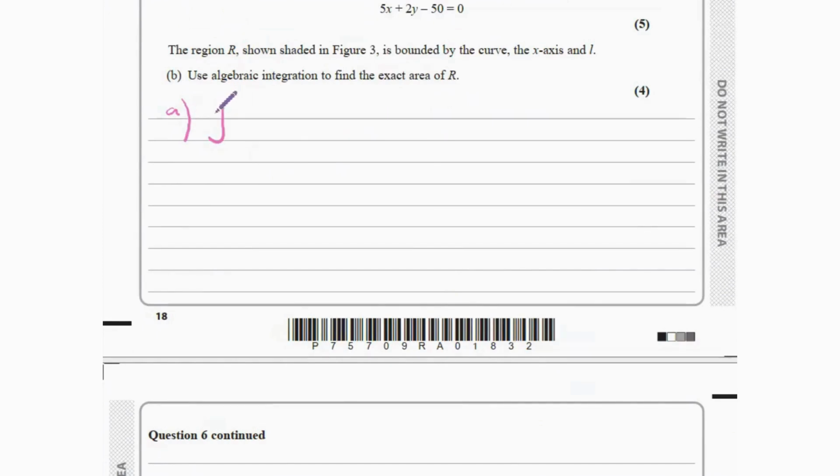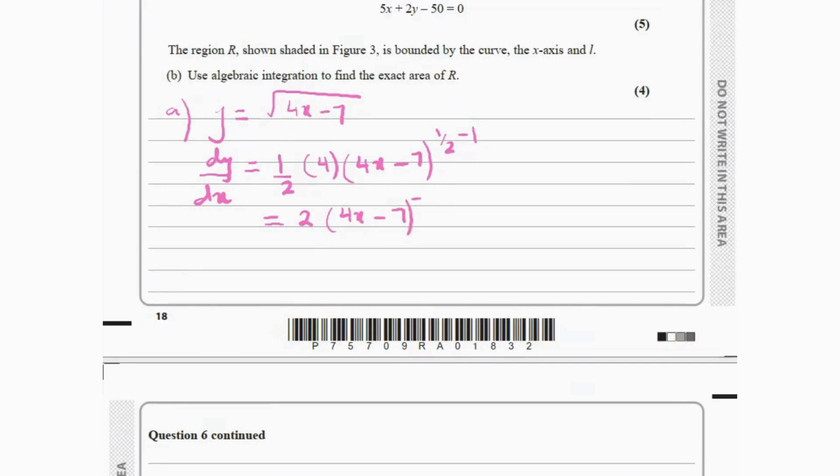So we have y equals root of 4x minus 7. Let's differentiate this. That's going to be 1 over 2 times 4 times 4x minus 7 to the power of 1 over 2 minus 1, which is 2 times 4x minus 7 to the power of -1 over 2. We'll put x equals 8 in the equation.